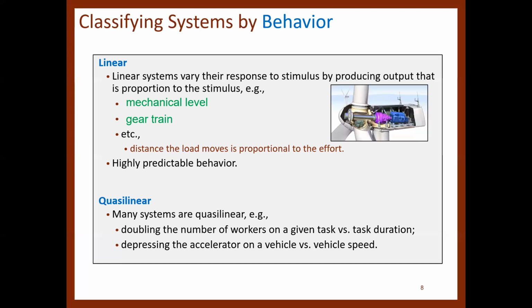So we call this a linear system because, if you have information about the speed of the wind, you can predict how fast these blades are going to move and how fast this shaft is going to rotate. And using that information, you can have an estimation of how much power this turbine is going to generate.